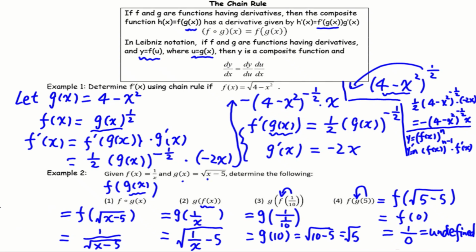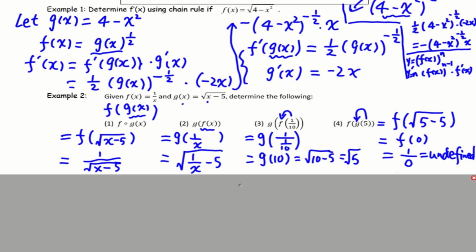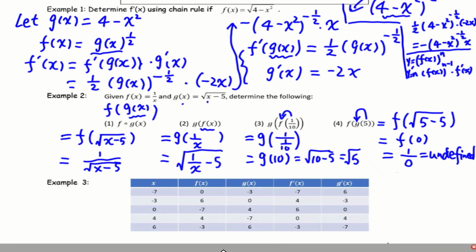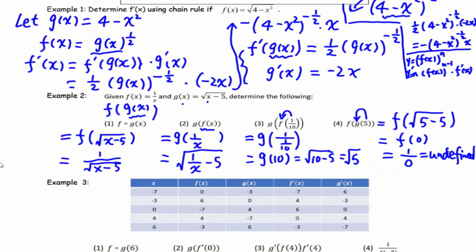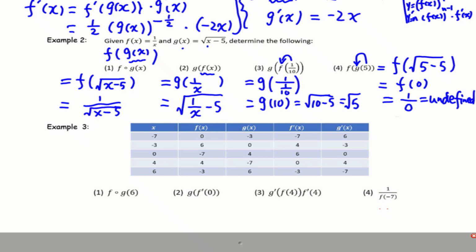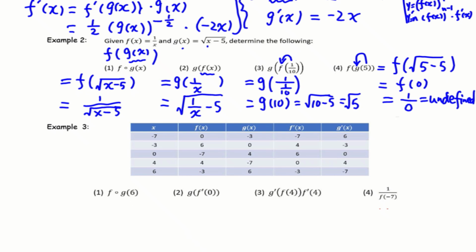So the next one, we are going to see example 3. This one is input output, but using the table of values. So for this one, we are going to see f of g of 6. So we are going to go from inside to outside first.